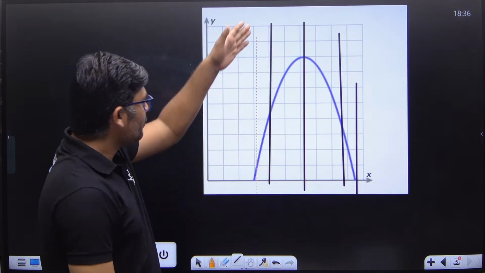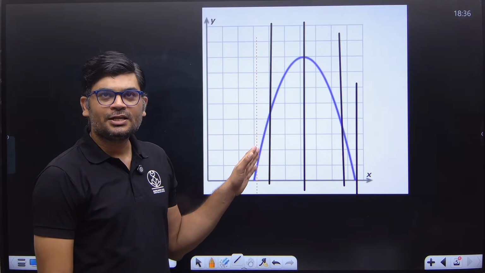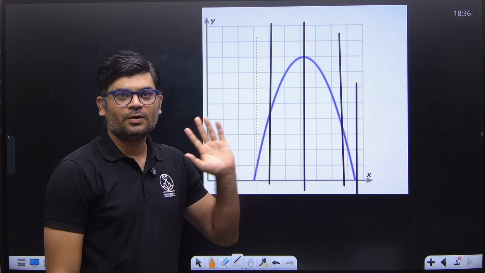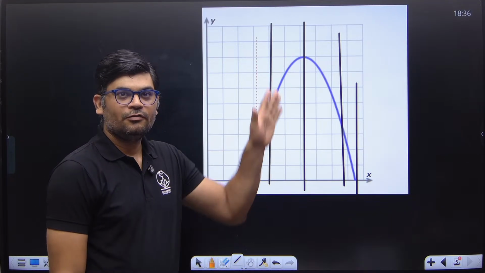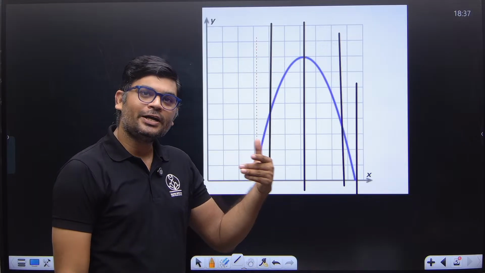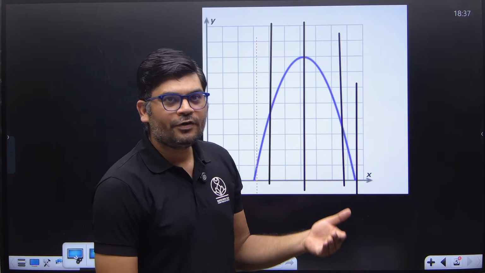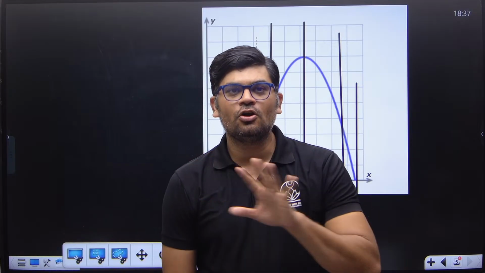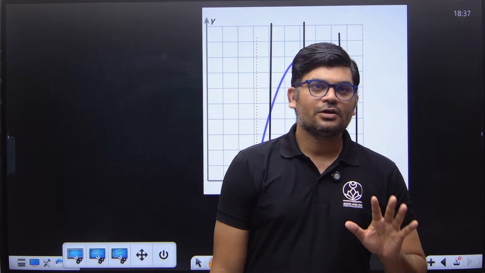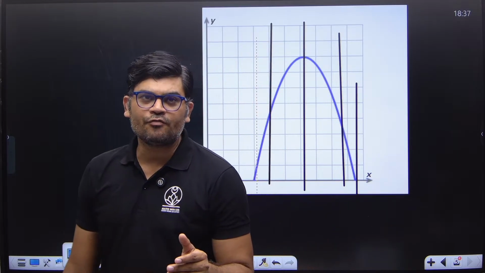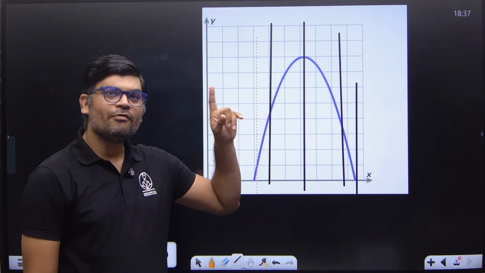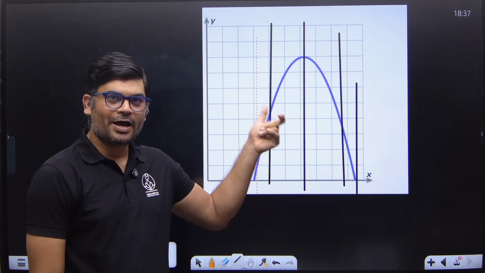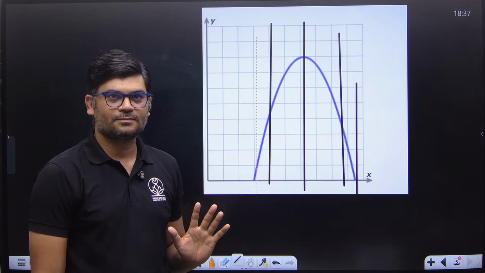So, if you draw a vertical line, will it intersect the graph at 2 points or just 1 point? One point. So, it is a function. If the point of intersection is just a single point, it is a function, or else it is not a function. A function means the graph should have one value of y for a single value of x.